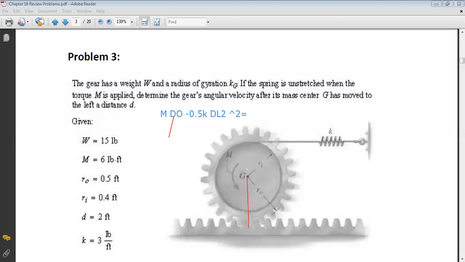So this distance between G and the instantaneous center is equal to this radius, R0. So delta theta is equal to D over R0. So now I have delta theta, and delta L at state 2 is equal to D since the spring is originally unstretched. So delta L2 is D.